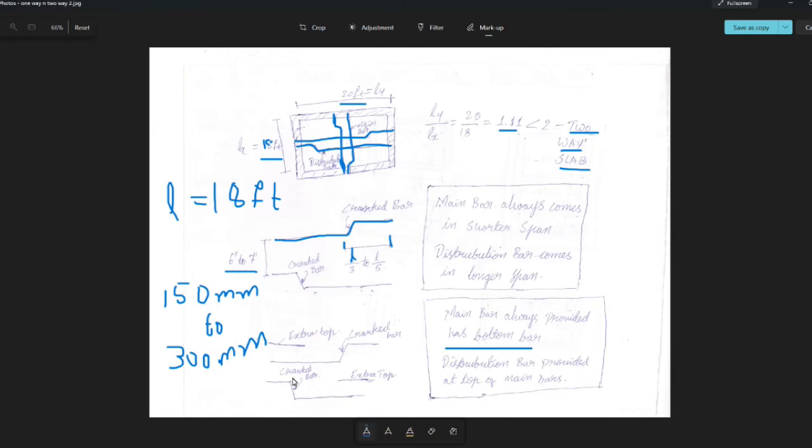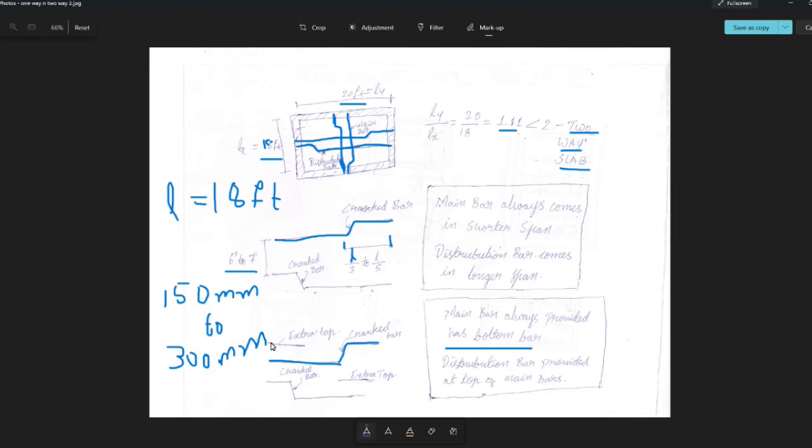And here you can just check it. If you take this length bar, and again here you do the crank, and at the other end there is no crank here, and on top of this there will be no bars.